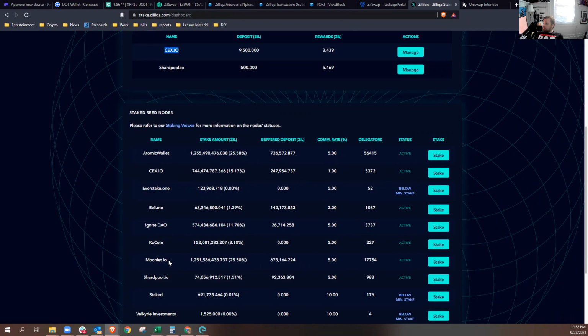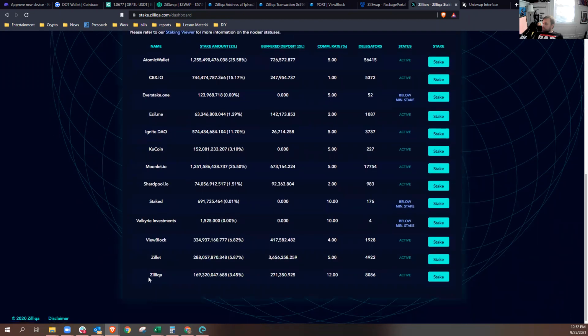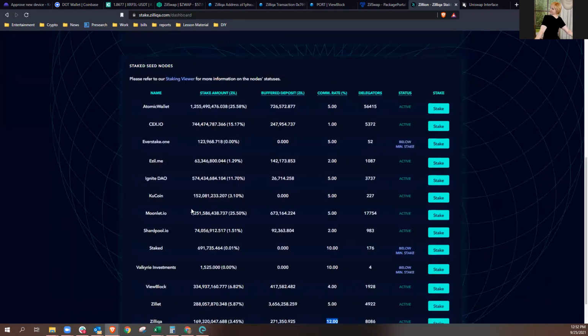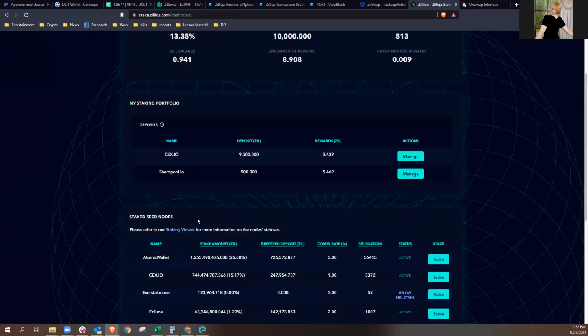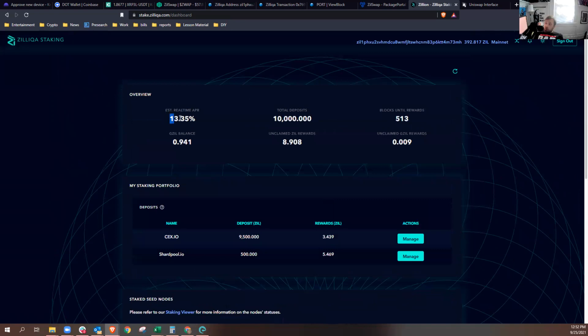But if I were to stake on, say, Zilliqa on the first network, they would take 12% of my rewards, not 12% of my funds. That would leave me with a lower APR.